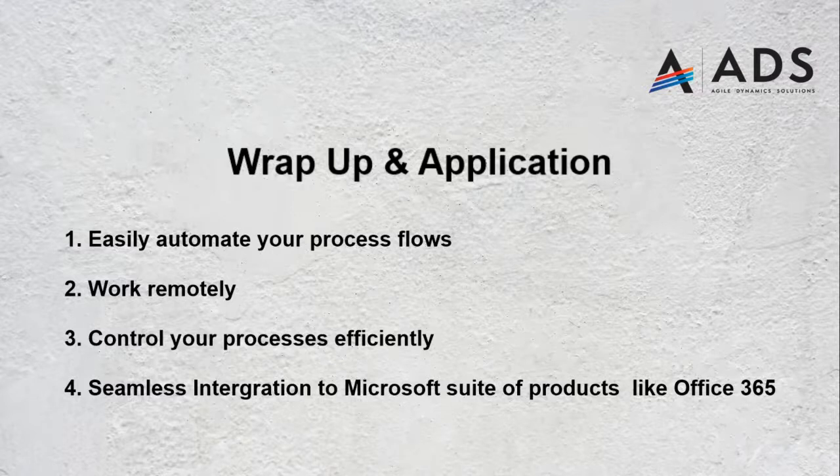Also, you are able to control effectively and analyze your purchases easily using the budgetary and reporting tools in Business Central. Last but not least, as you can see, Wenjin has demonstrated how tightly Business Central is integrated to Office 365.